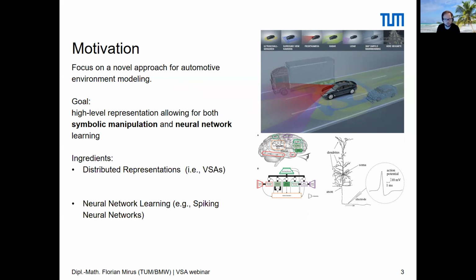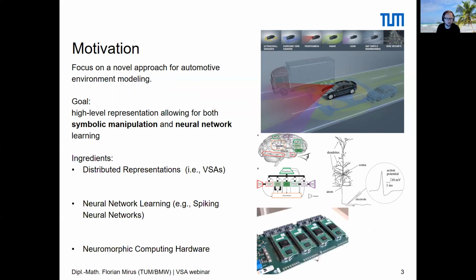Neural network learning is the second ingredient. And a little bit in parentheses, neuromorphic computing hardware, such as SpiNNaker or Intel's Loihi chip, which would allow deployment and increased energy efficiency when those representations are implemented in spiking networks.